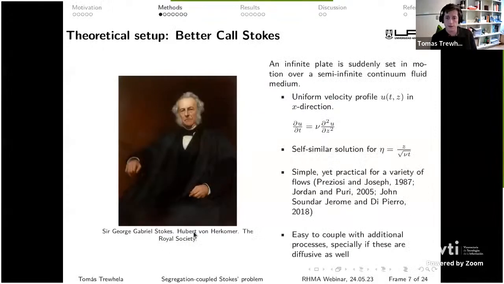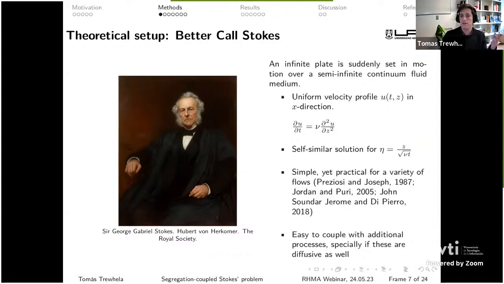Now moving towards the methods, the theoretical setup. I put here "better called Stokes". I found this very nice portrait of George Gabriel Stokes, and it was funny because it looks like Saul Goodman from the series, so that's why I said better called Stokes. And why the Stokes problem?